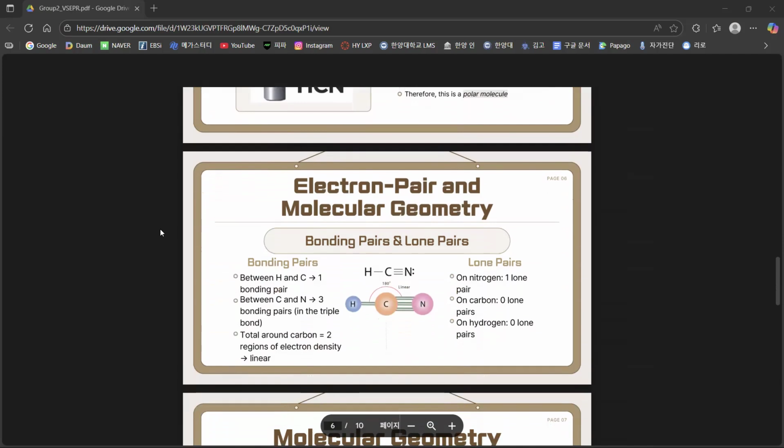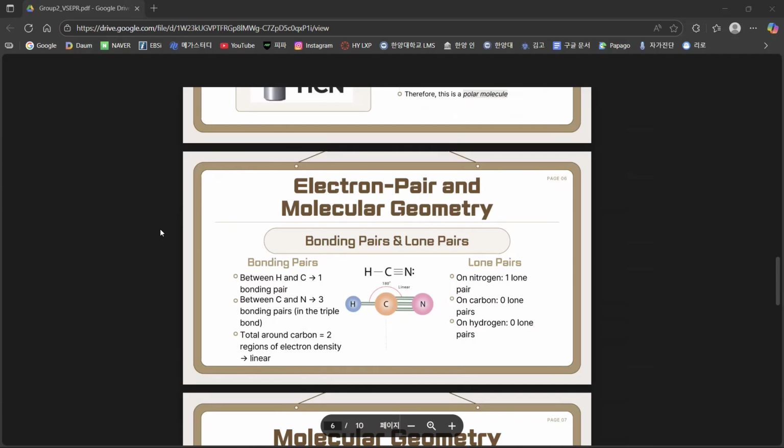In electron pair and molecular geometry, for HCN there are bonding pairs and lone pairs. The bond between hydrogen and carbon makes one bonding pair, and between carbon and N make three bonding pairs in the triple bond, and the total around carbon is two regions of electron density.